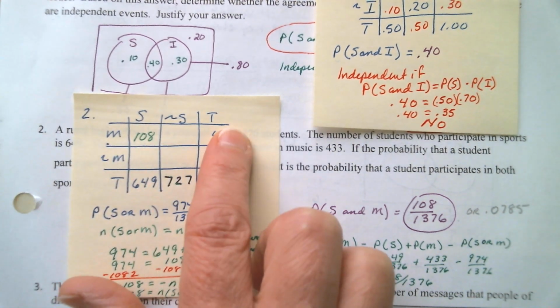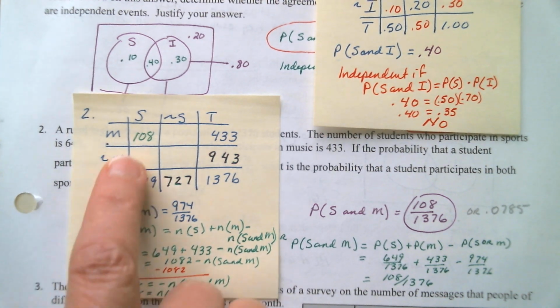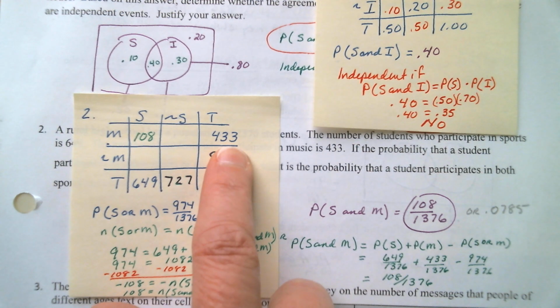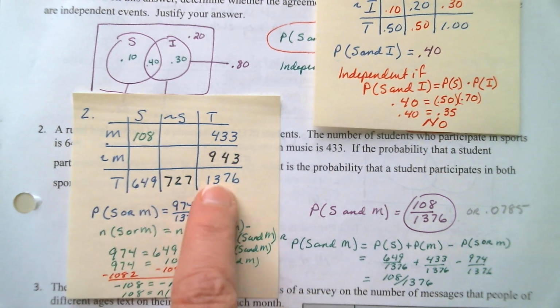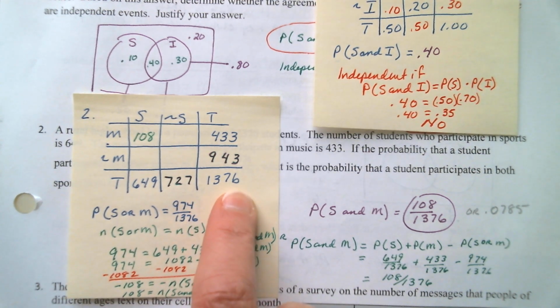S, not S, total, M, not M, total. Total S was 649. Total M was 433. The lower right-hand corner is the total number of students, which was 1,376.